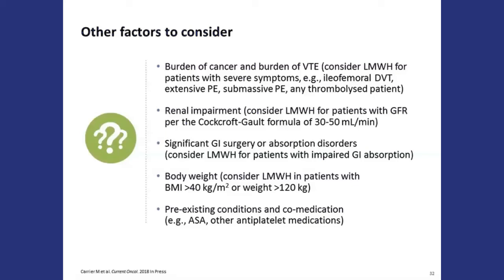Extremes of body weight: while we focus a lot on overweight patients, I think we should think about underweight patients as well, so patients who are under 50 kilograms, for example. We don't have a lot of data on what happens to patients with these medications either. There are some suggestions, including from the International Society on Thrombosis and Haemostasis, that we should consider avoiding these direct anticoagulants when a patient is over 120 to 140 kilograms.